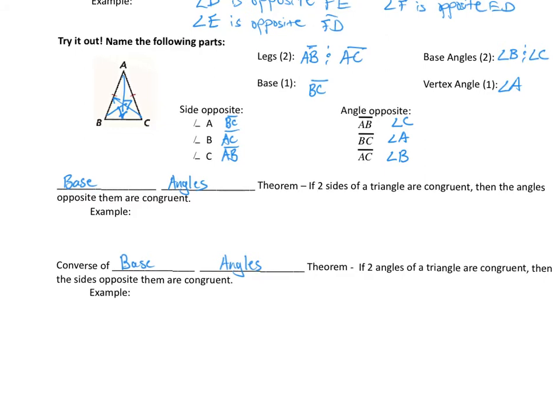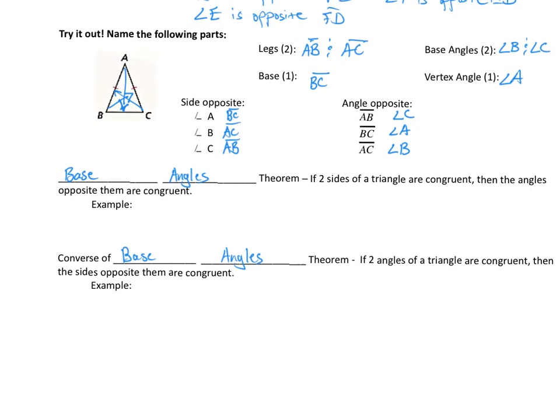The converse of the base angles theorem says if two angles of a triangle are congruent, then the sides opposite them are congruent. So now the converse is saying the angles are congruent, which means the sides are congruent.